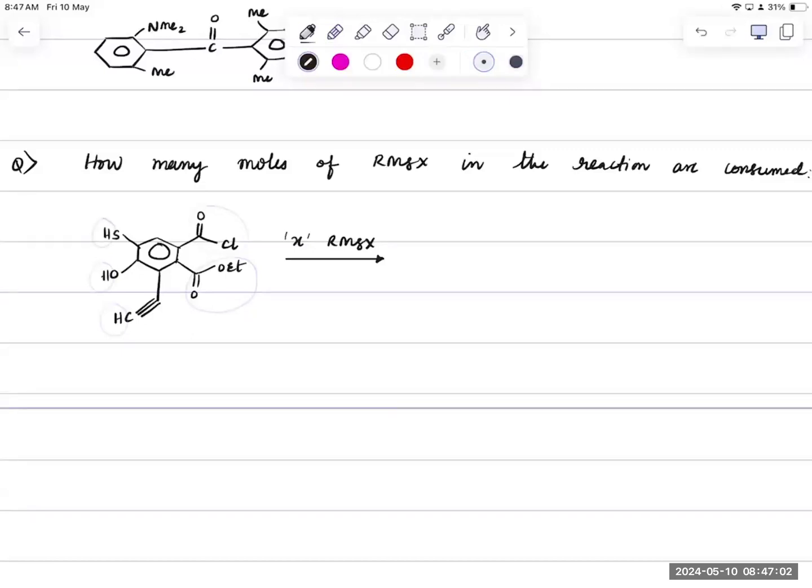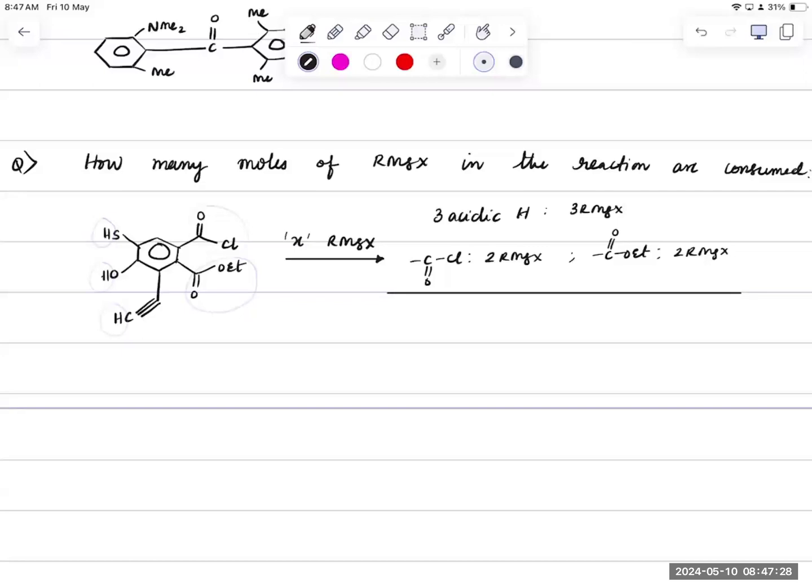Three acidic hydrogens are present. There, three will be consumed, and C double bond O, Cl will consume 2 RMgX, while C double bond O, OEt will also consume 2 RMgX. So total number of RMgX consumed: 7 moles of RMgX are consumed.